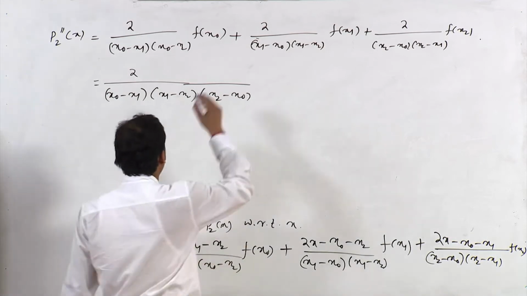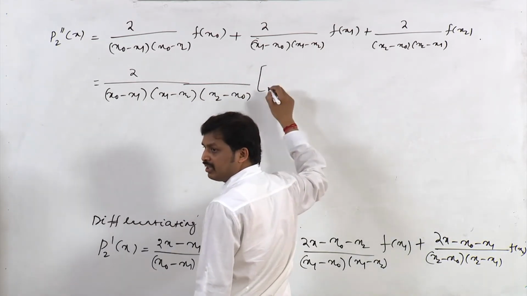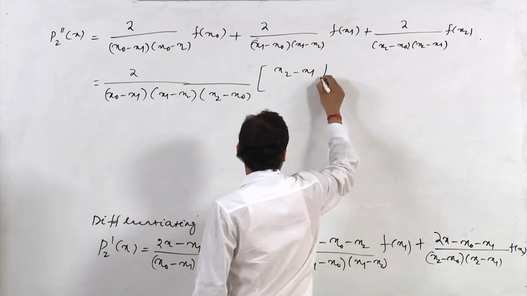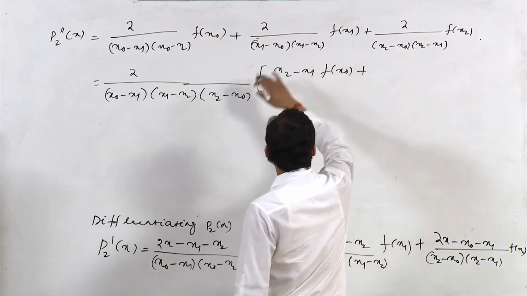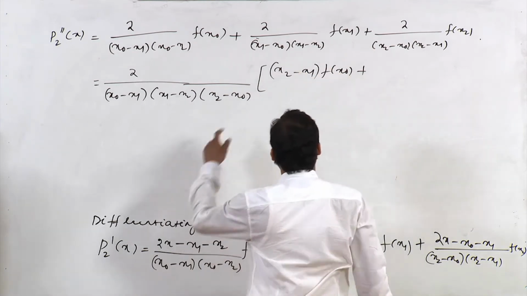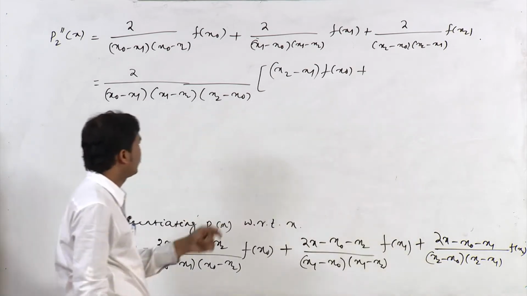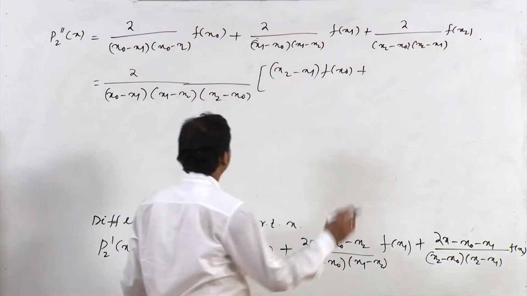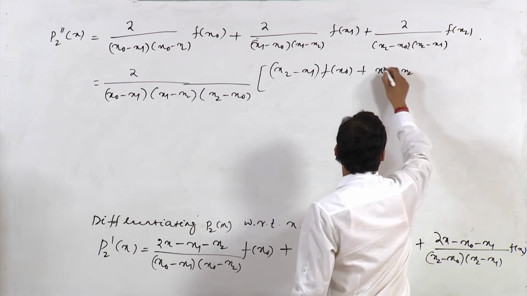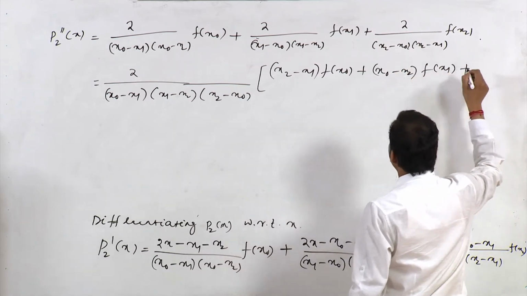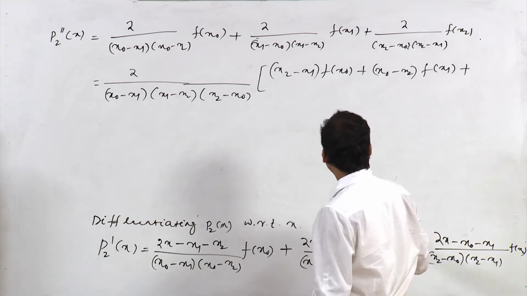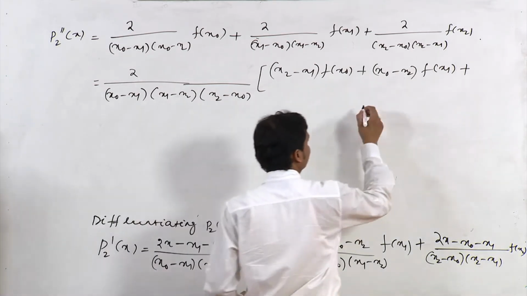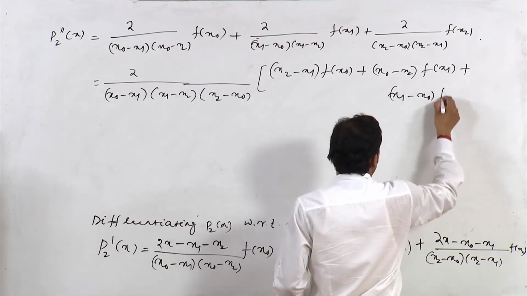And if we write the upper part of the term here, this can be written in the form of (x2 minus x1) into f(x0), plus the next term, which is not common to this term, that is nothing but (x0 minus x2) f(x1), plus the last term, which is in the form of (x1 minus x0) f(x2).